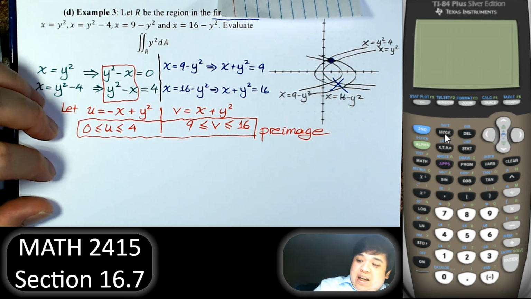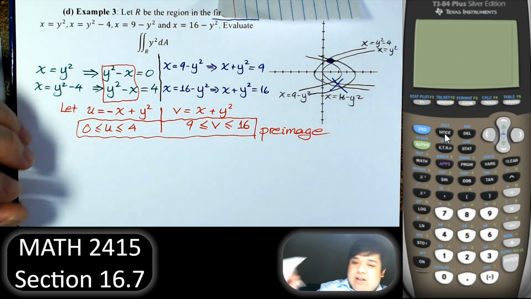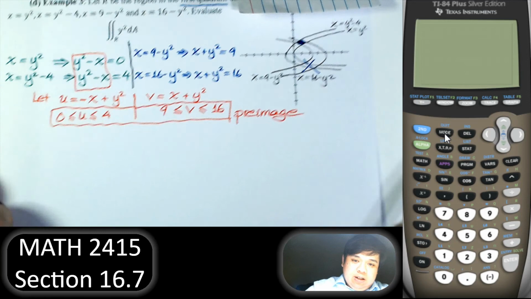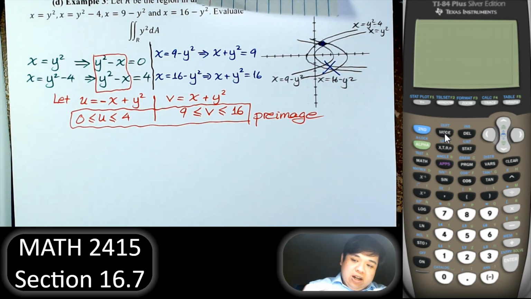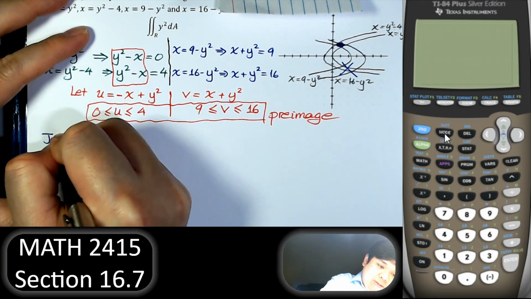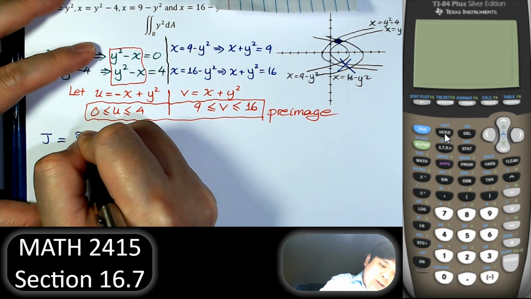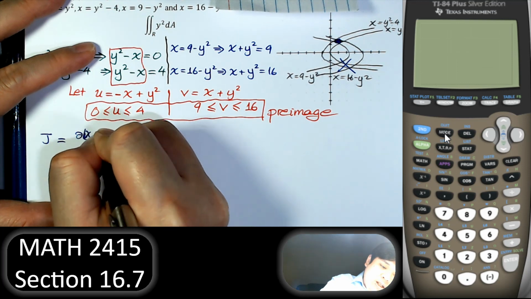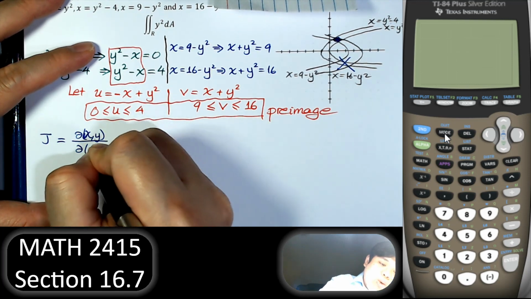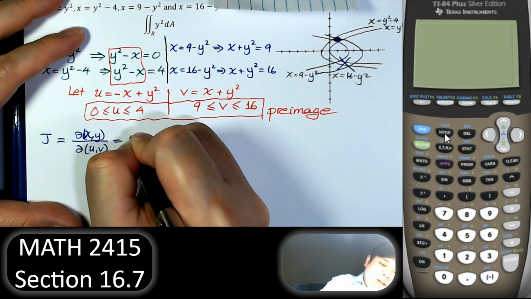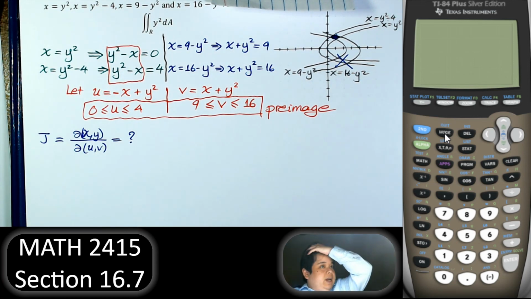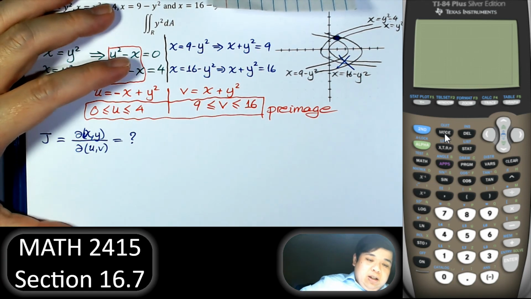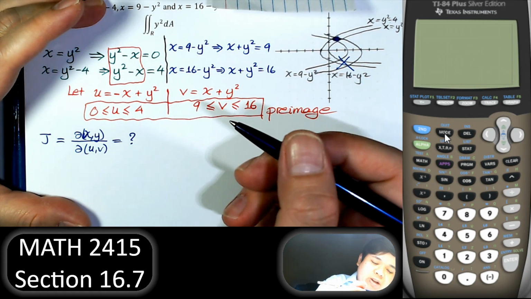Now next, what do we need? The Jacobian, right? How do we find the Jacobian? Let's just say we need the Jacobian, which is the derivative of xy with respect to, in this case, u and v. However, we don't have x and y in terms of u and v.